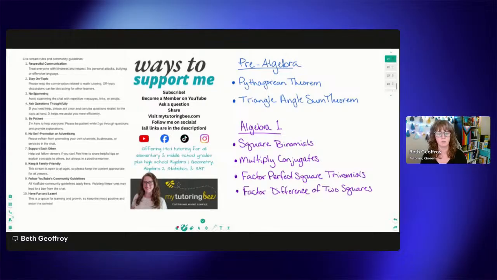So that's just multiplying the two different binomials together. And then we're going to undo that multiplication by factoring each one. So the square binomials will create a perfect square trinomial. And then the conjugates will create a difference of two squares. And so then we're going to factor that. So we'll get into all of that soon too.